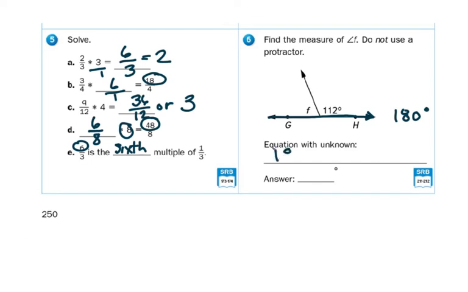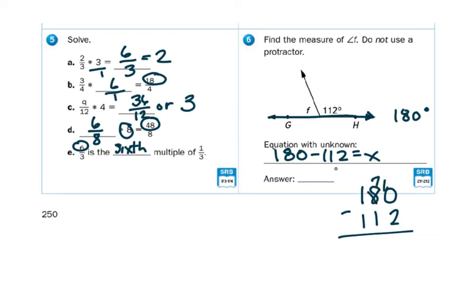So if I take 180 minus the 112 known, that will give me the missing angle. What is 180 minus 112? If you solve, you would end up with 68 degrees.